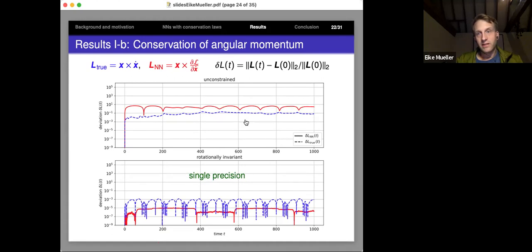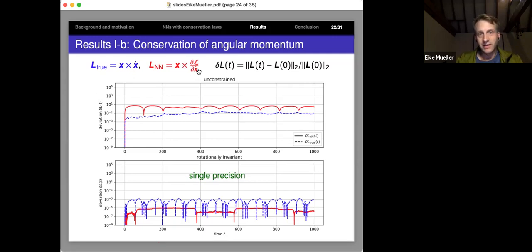If you look at the neural network that has this rotational invariance built in, then this looks very different. If we look at the neural network quantity, the red curve, it goes up to 10 to the minus 5. But that's just rounding errors. They accumulate, and I reran the simulation in double precision, and the error gets reduced, as you would expect, to rounding error in double precision.